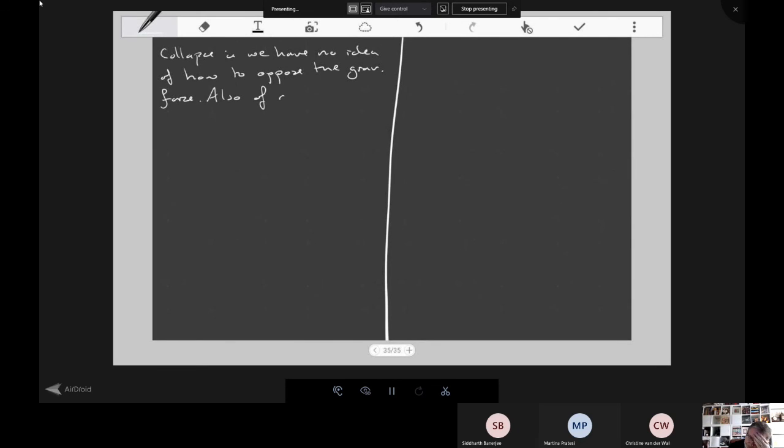Also, of course, we can't see what's going on. So we've got no clues. So black holes are a problem.